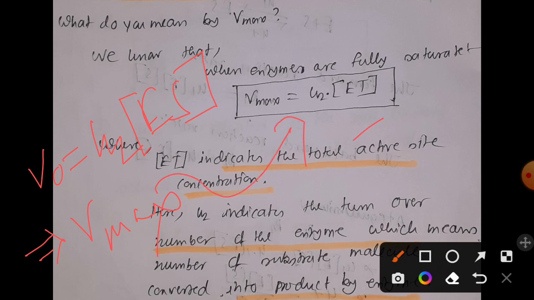Why? Because the velocity of the reaction will be high only when all the active sites of the enzyme are filled with substrate, right?